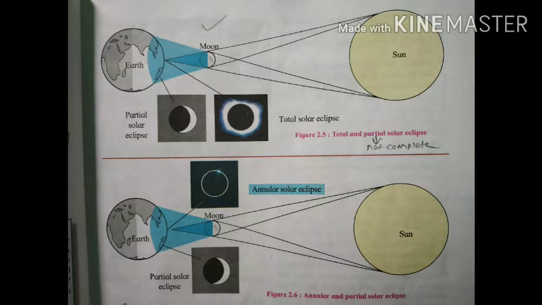From a very small region of the earth, only an illuminated edge of the sun disk is seen in the form of a ring. Such a type of ring is called annular solar eclipse. Annular eclipse is a rare phenomenon.